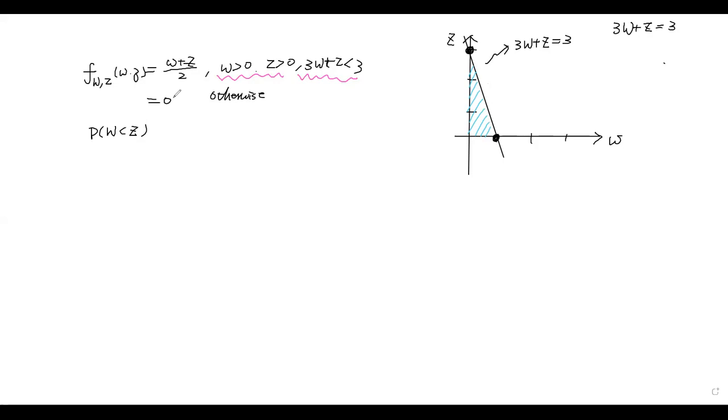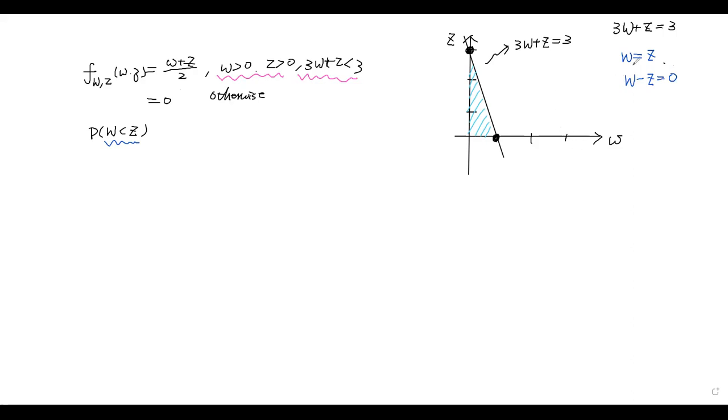Now, for this type of problem, the next thing is to look at the probability you are trying to find. Here I'm looking for the probability that W is less than Z. Let's first do W equals Z, or W minus Z equals 0, and graph this.